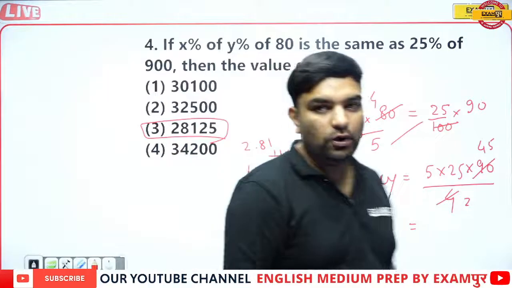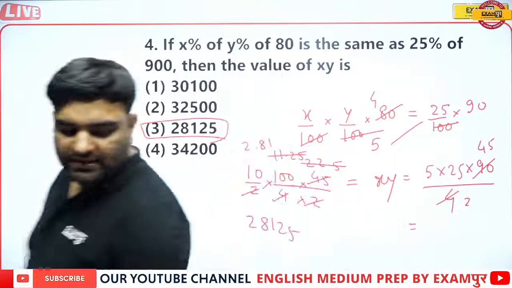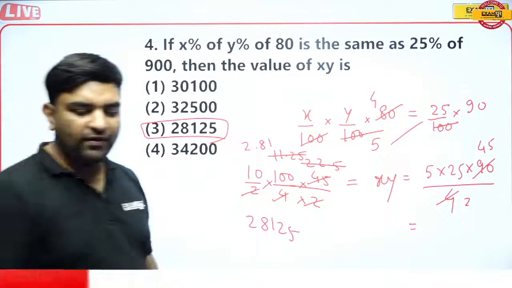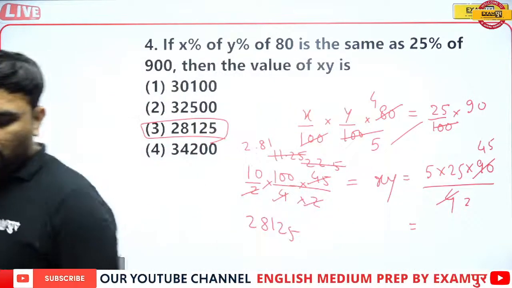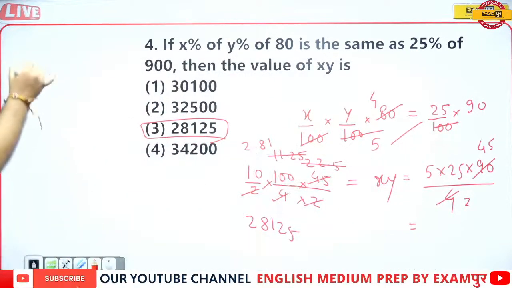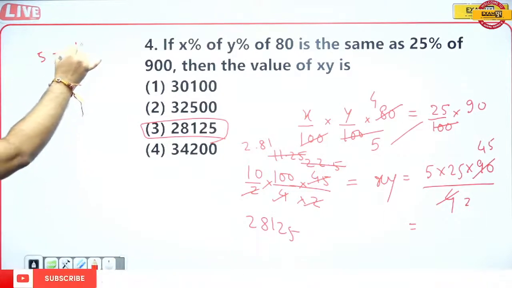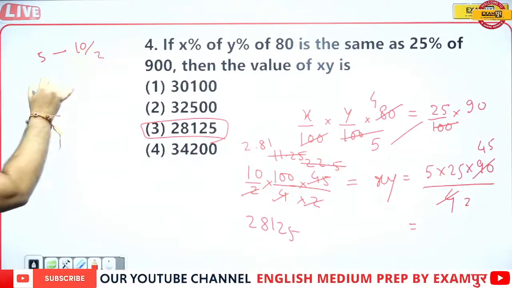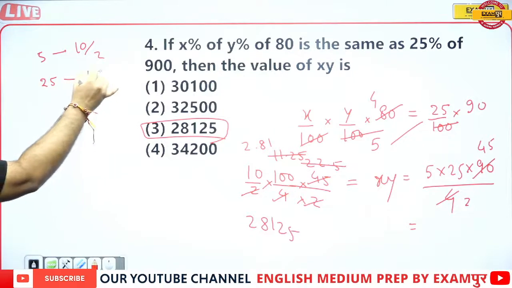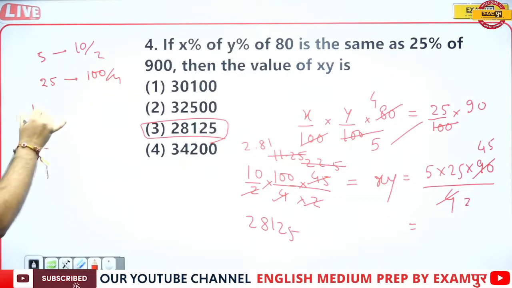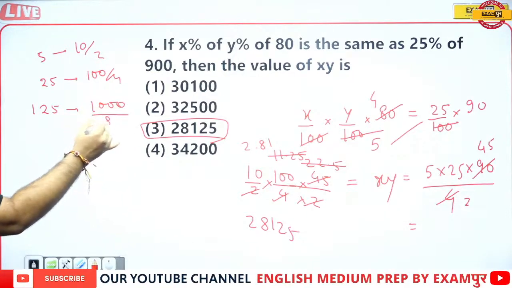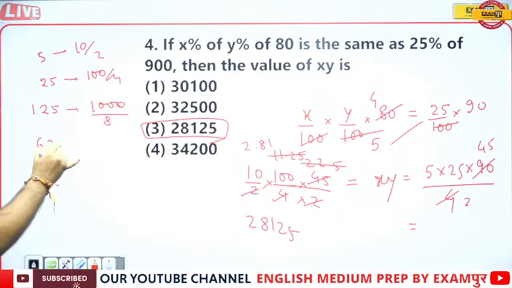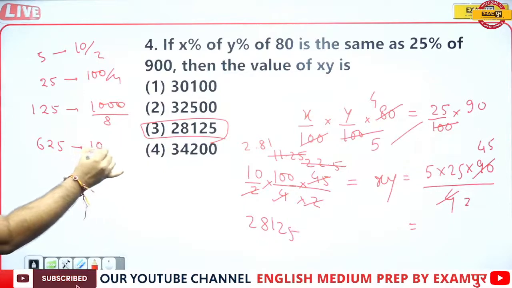Have you seen this way of calculation, what I have done? Here I have written 5 as 10 by 2 and 25 as 100 by 4. I can write 125 as 1000 by 8, and I can write 625 as 10,000 by 16.